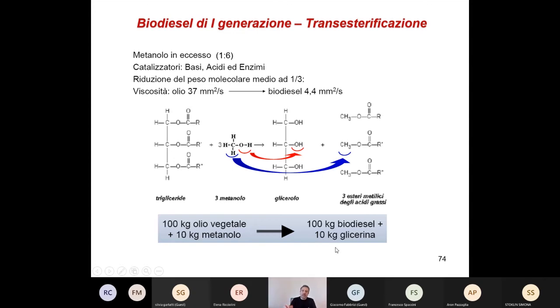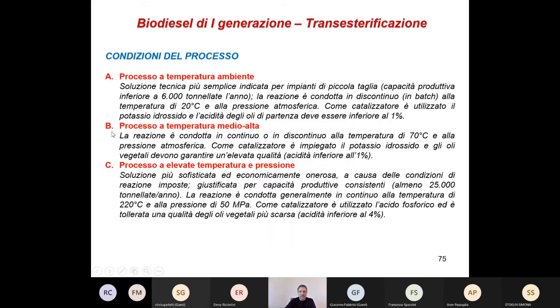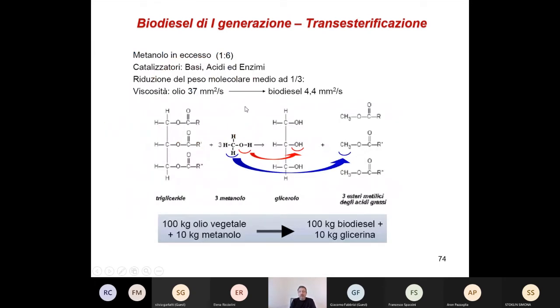Another important thing. If you consider all these hydrocarbon chains, vegetable oil has approximately 45 to 50 atoms of carbon, so a very long chain.